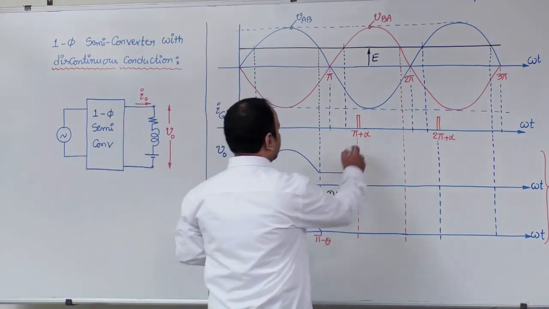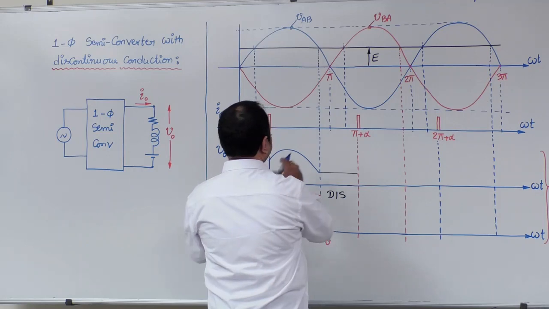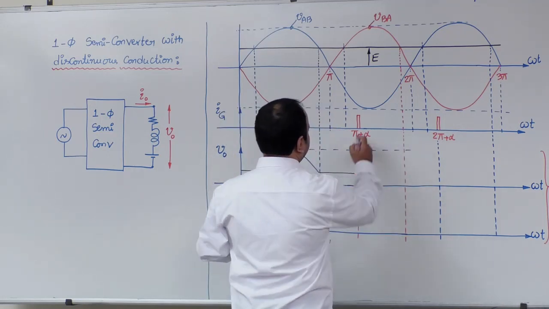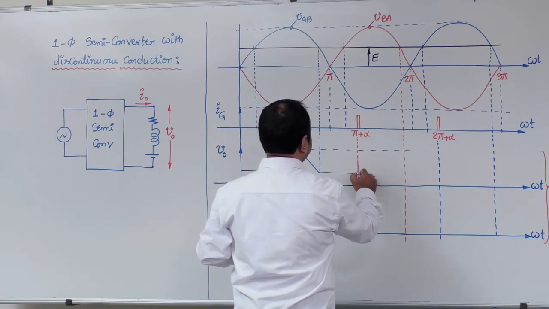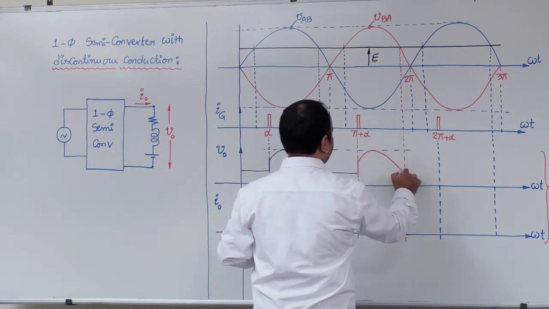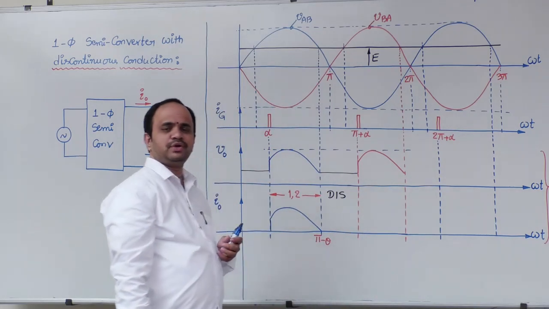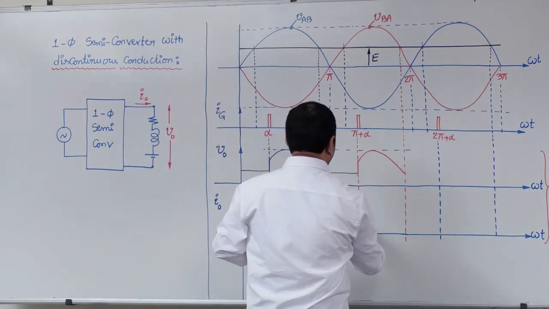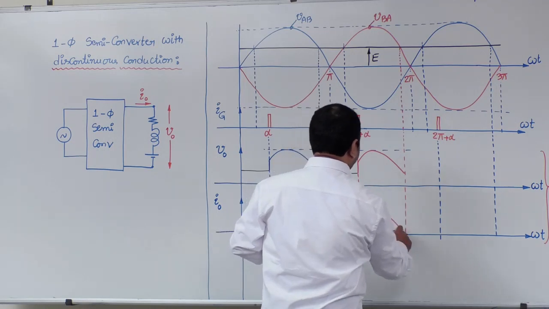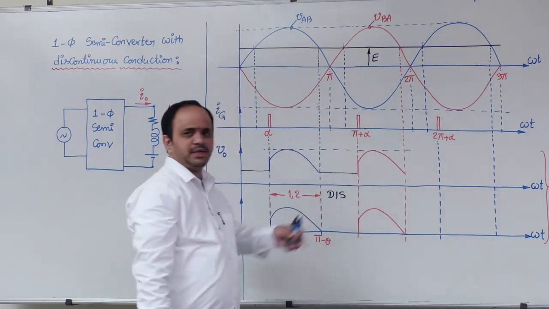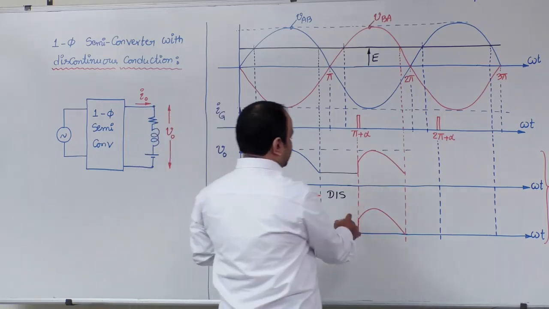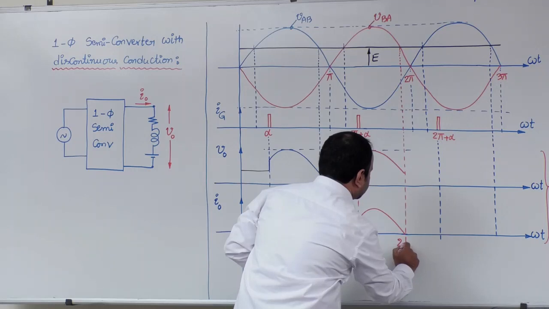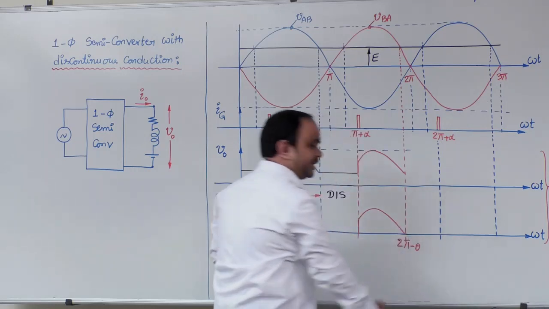Next, from pi plus alpha to 2 pi minus theta, third and fourth position devices will be in conduction, hence output voltage is equal to VBA. Therefore, output current will simply follow VBA. In this, I naught will be 0 at 2 pi minus theta.